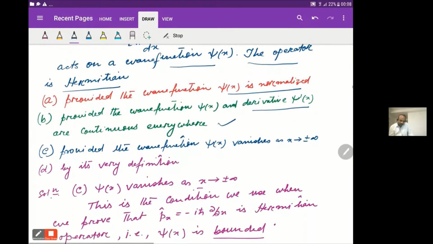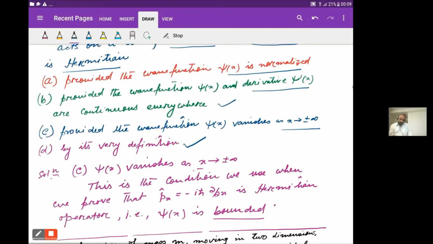Option C, provided the wave function psi x vanishes as x tends to plus minus infinity. And option D, by its very definition. So all are like correct answers, but we have to find out exactly which one is the correct answer.